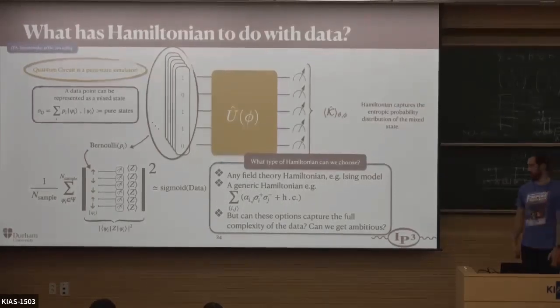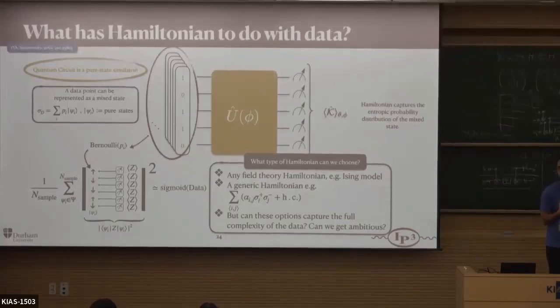So what else can I use? I can use a known Hamiltonian, an Ising model Hamiltonian, or the more complex Hubbard Hamiltonian, for example. The problem is that these kinds of terms have a really limited amount of correlation structure embedded in them.